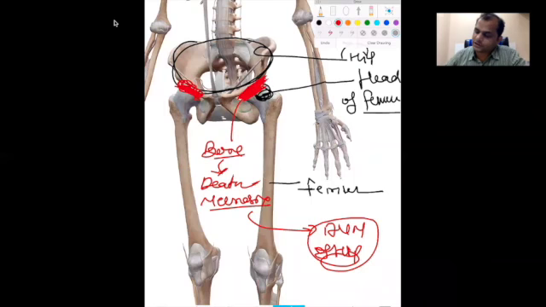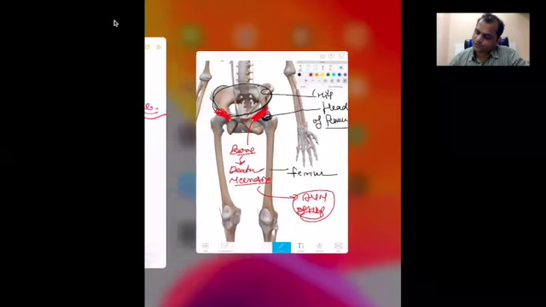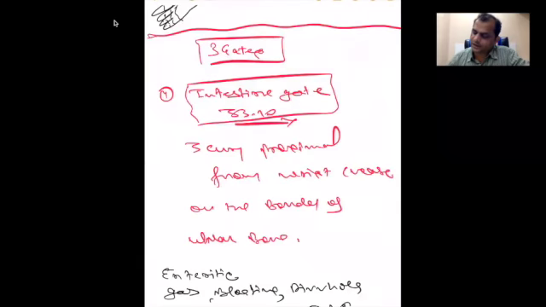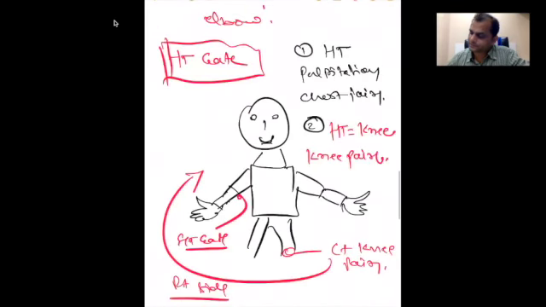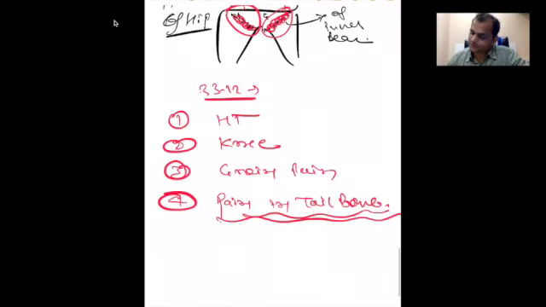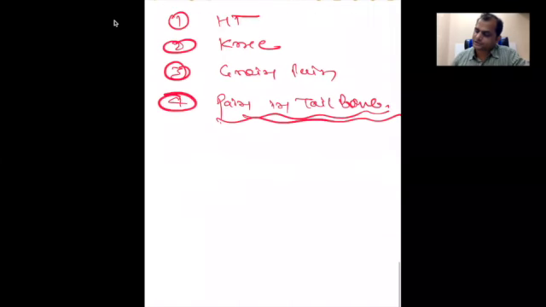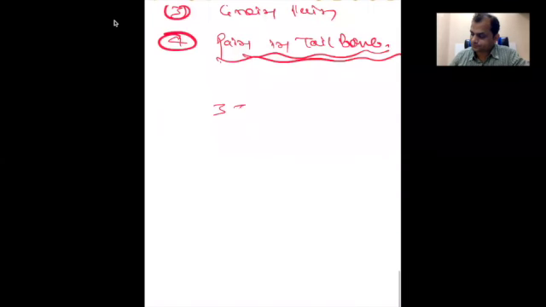This AVN creates pain in the groin area, which I told you about, the crease of the inner thigh. So in this way, these were the indications of all the 3 points. And this is the completion of the 3 gates.